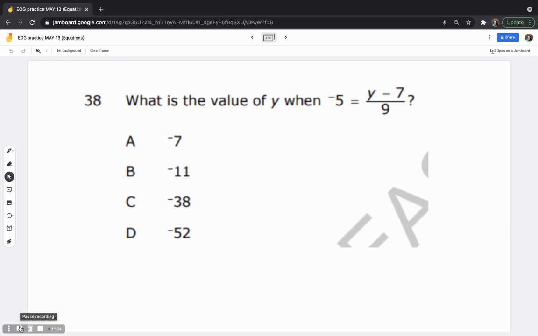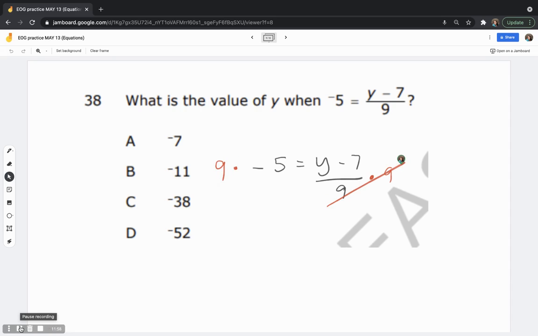Right, our next question, we need to solve the equation. And because we have an operation here in the numerator, we have y minus 7, that means that we need to get rid of the denominator first. So to get rid of the denominator, I'm going to multiply by 9, because remember, a fraction means division, so I'm going to do the opposite.